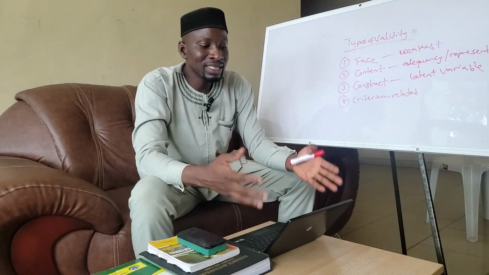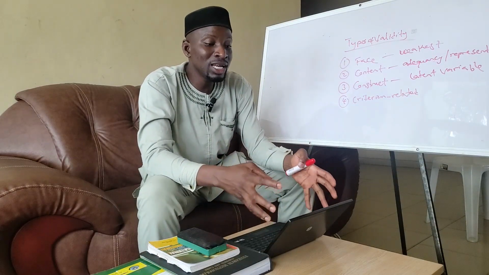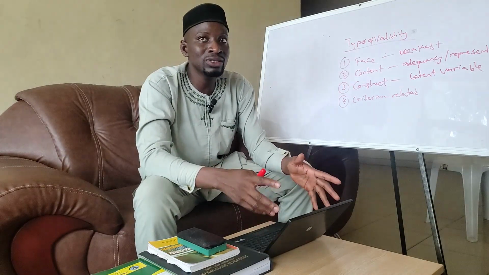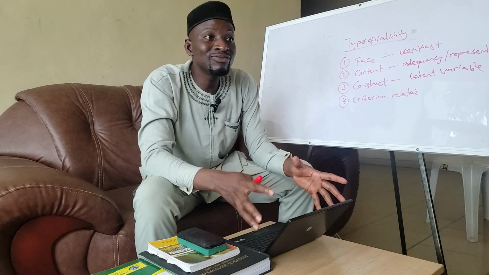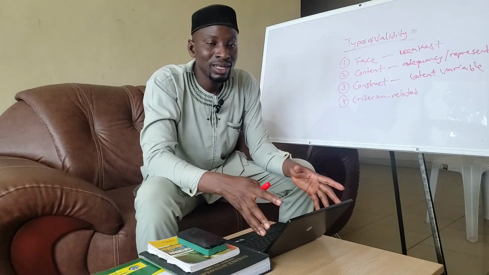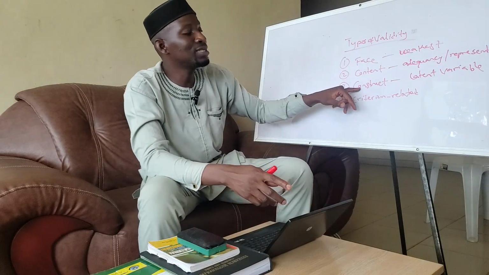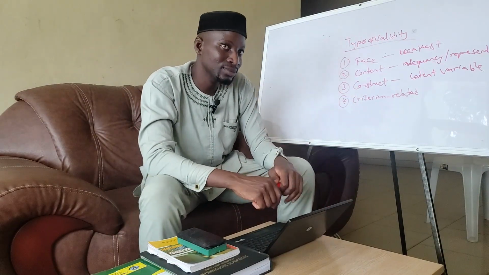But you are not going to be setting tests where it is only English knowledge that will dominate. In physics, if you set questions where the knowledge of English is very, very important, it means that your physics test is construct invalid.